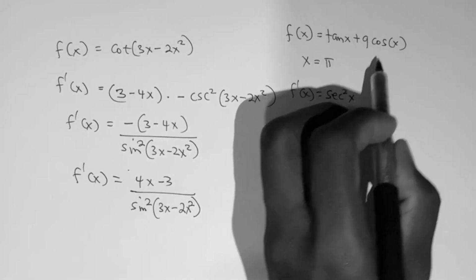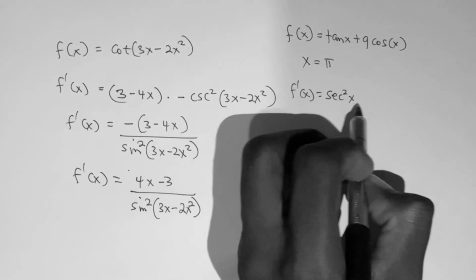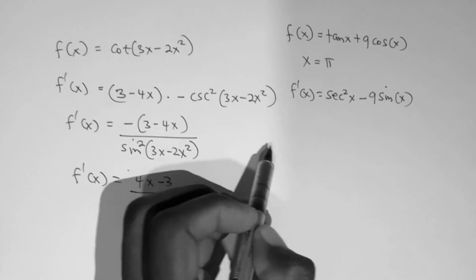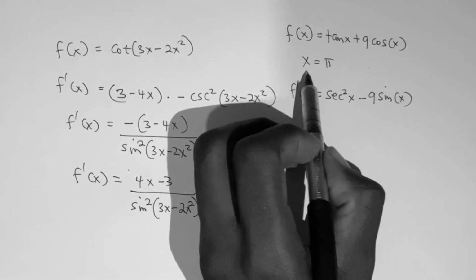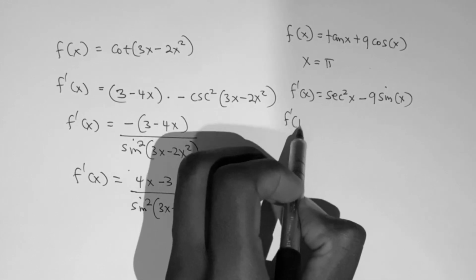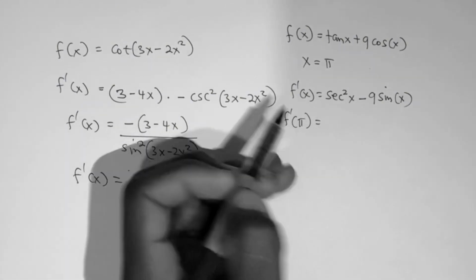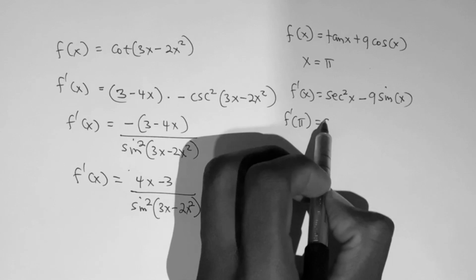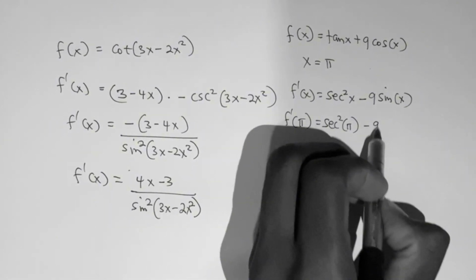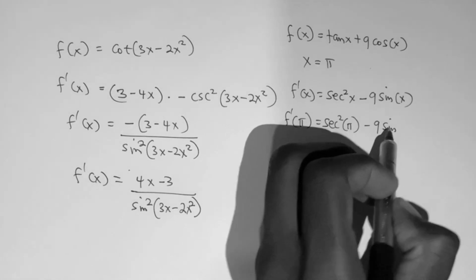Then if you differentiate cos x, you get minus sine x, so it becomes minus 9 sine x. But we are finding the tangent at x equals pi, so we need to find f prime of pi. So we just insert pi here. So this becomes sec squared pi minus 9 sine pi.